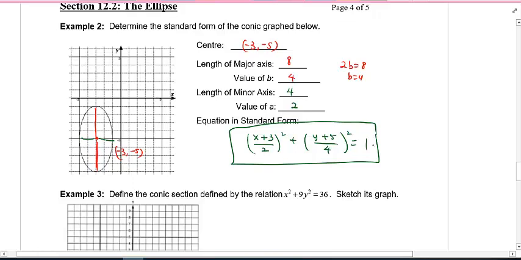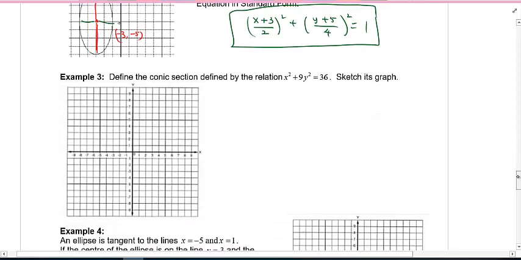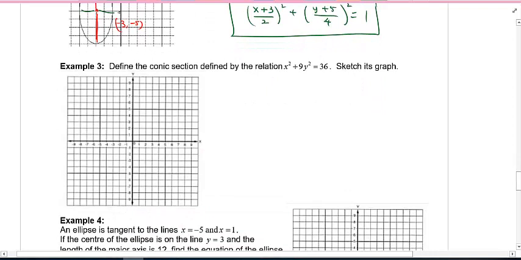Good. All right, how about example number 3? This time I'm asking you to sketch the graph, but it's not in that nice standard form. The standard form always has a 1 on the right-hand side. So in order for me to do that, I need to, you guessed it, divide every single term by 36. And if you do that, 36 over 36, of course, equals 1.